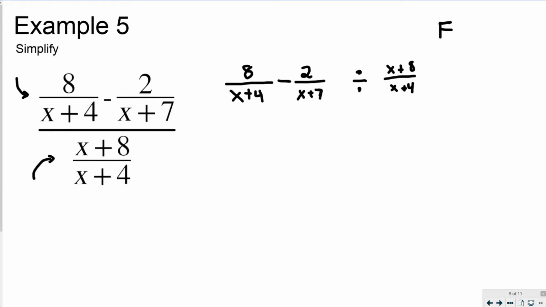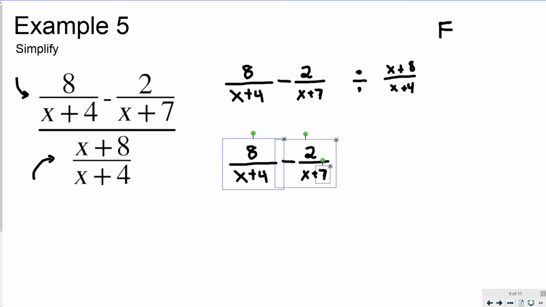So these two over here are going to stay the same. But now we're going to have multiplied by x plus 4 over x plus 8. And I know what you're thinking. I know immediately that you're thinking, Mr. Wirtz, let's cancel that x plus 4 with the x plus 4 on the bottom.